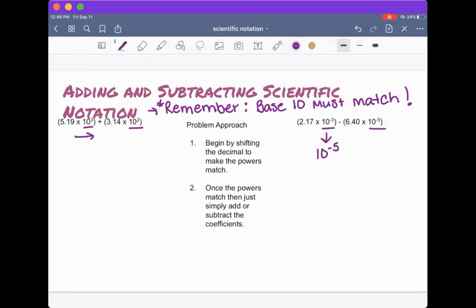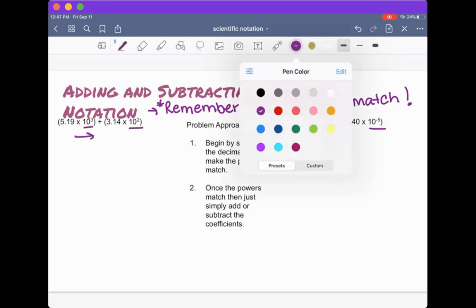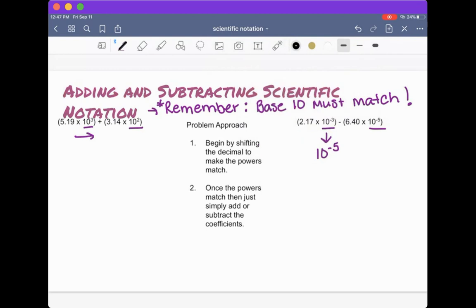So I need to change the base 10, which is a minus 3, to the 10 to the minus 5. The easiest way to do this until you can start really seeing it is writing it out. That minus 3 means I'm going to move the decimal in the direction that's going to give me a small number.